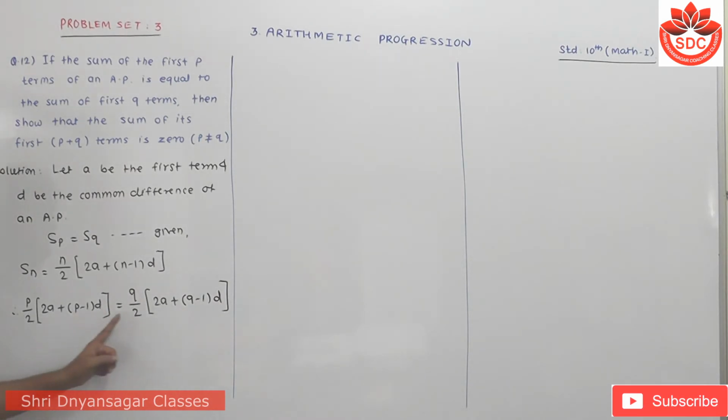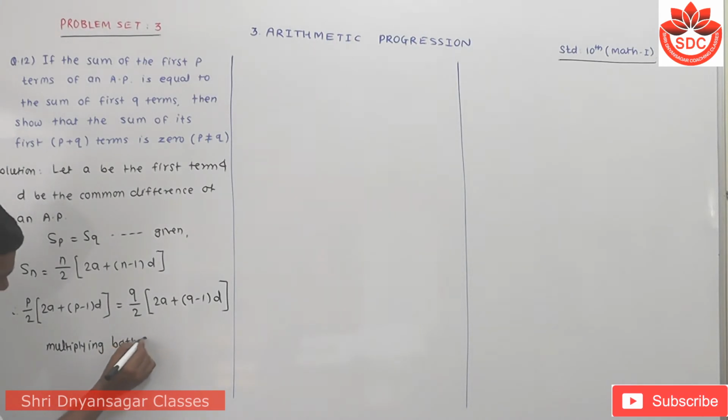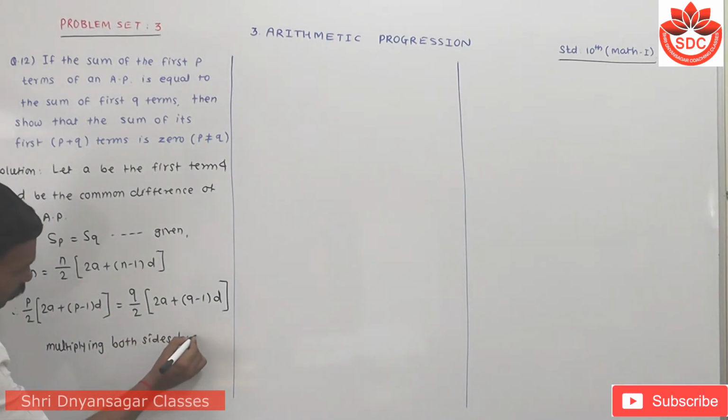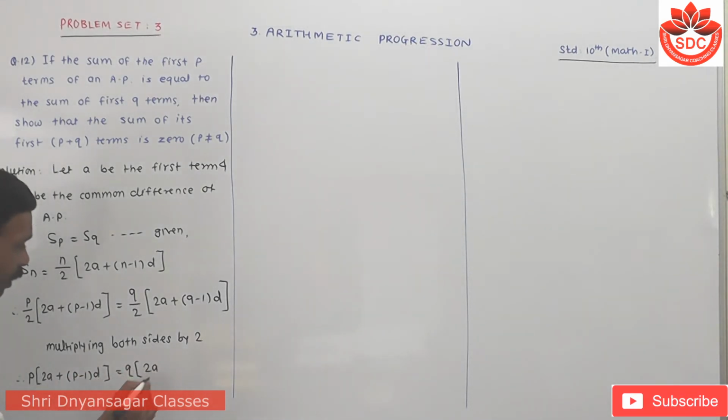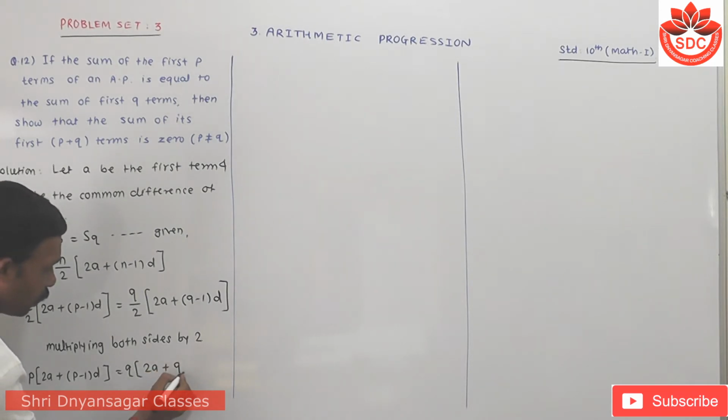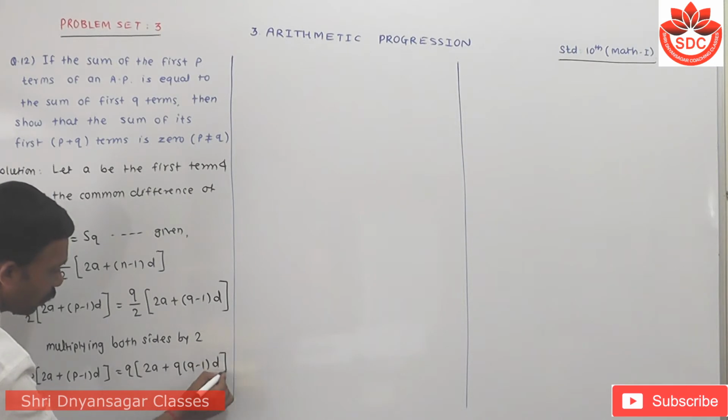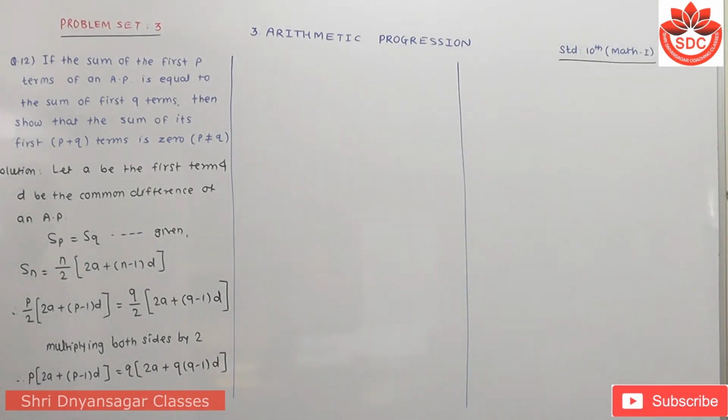Then student, I want to remove these 2, so multiplying both sides by 2, we get directly: p in bracket twice a plus p minus 1 into d is equal to q in bracket twice a plus q minus 1 into d. Now student, I have to multiply this p to the whole bracket and q to the whole bracket.